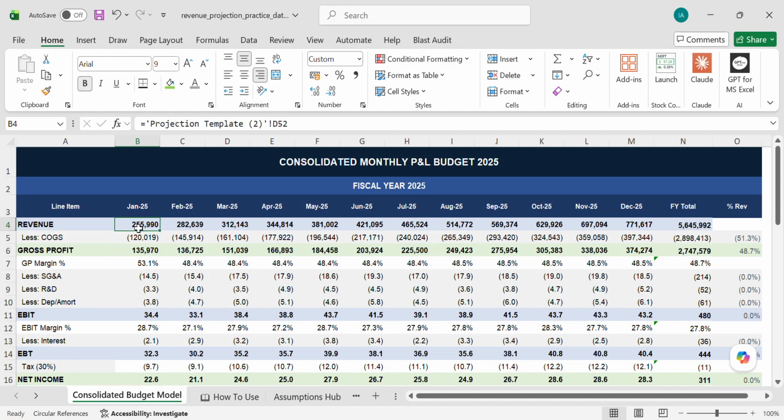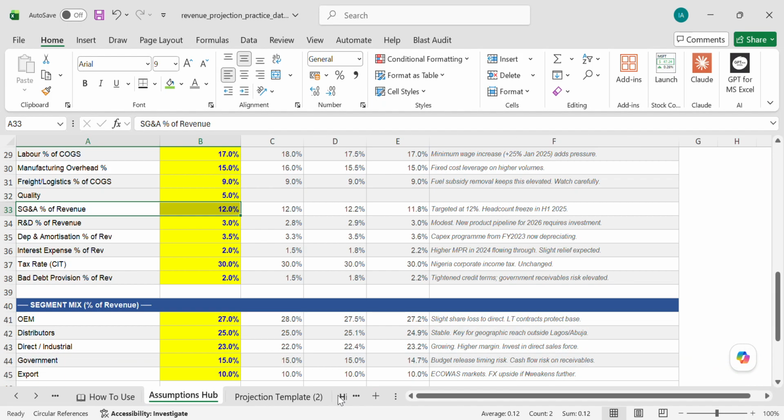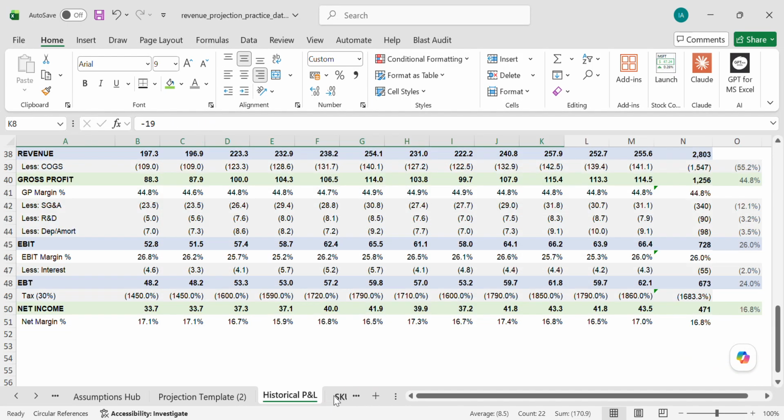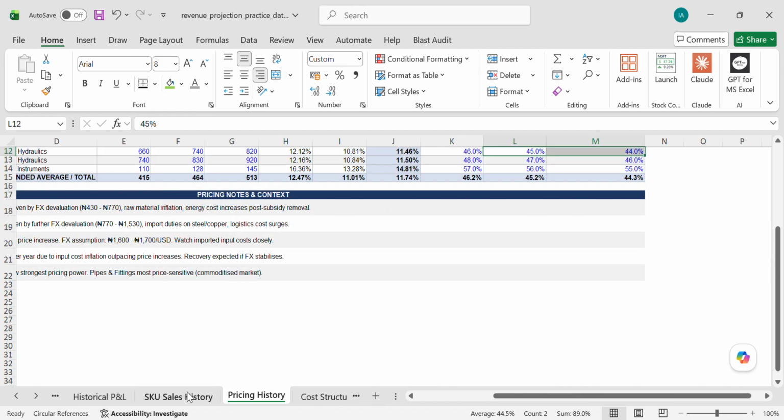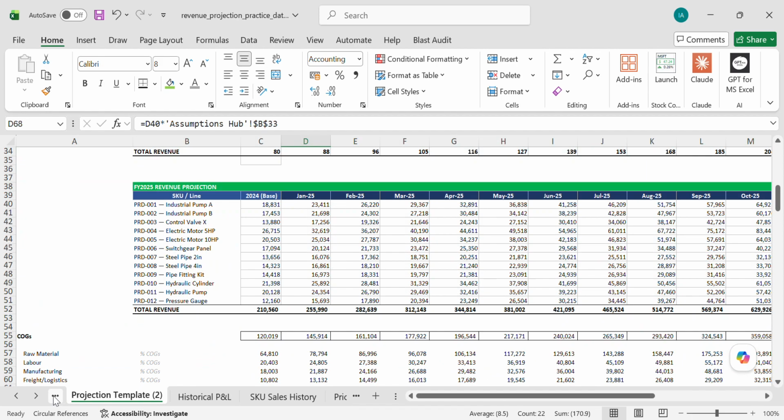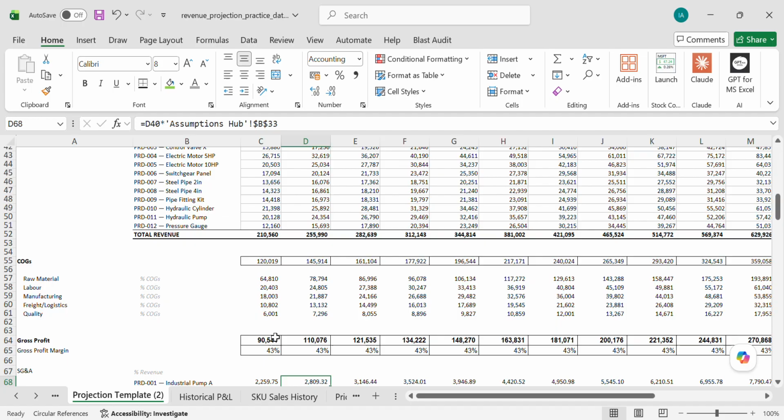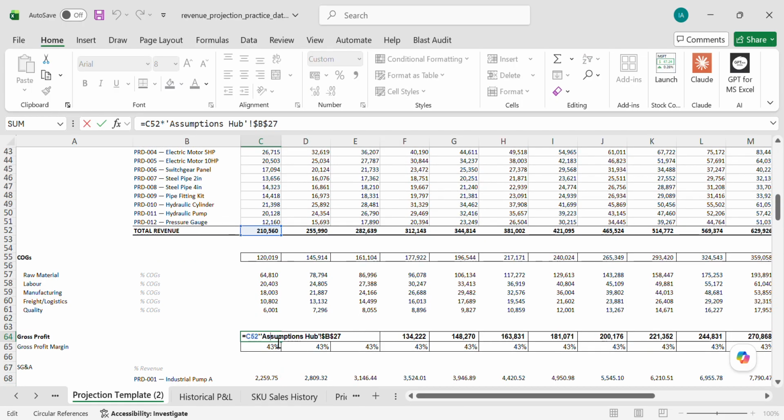Yeah, this is cost. Gross profit is here, 8%. This will give you this minus this.